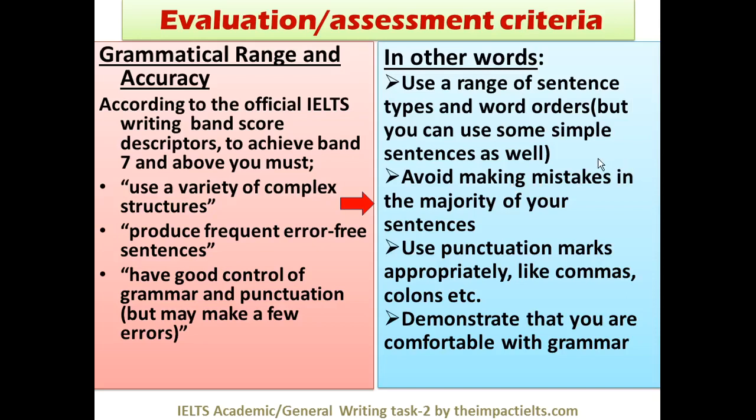For example, I'll give you one example if you want to understand. Like, "Although I have been preparing for IELTS for a long time, I have not been able to obtain the desired band score in writing." You can see there were two sentences here. First, I have been preparing for IELTS for a long time.